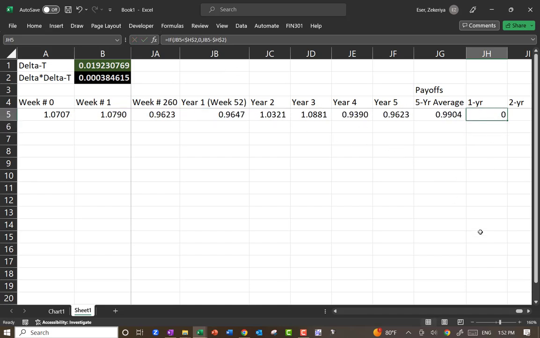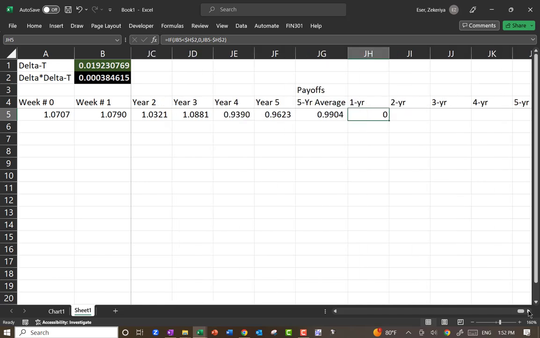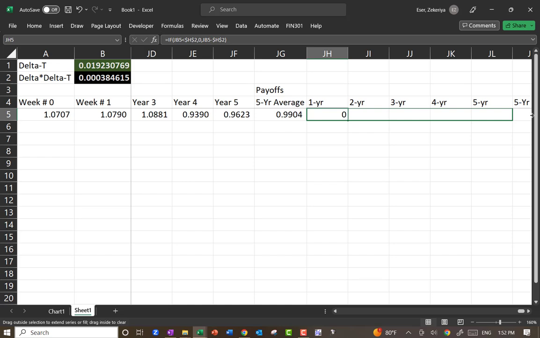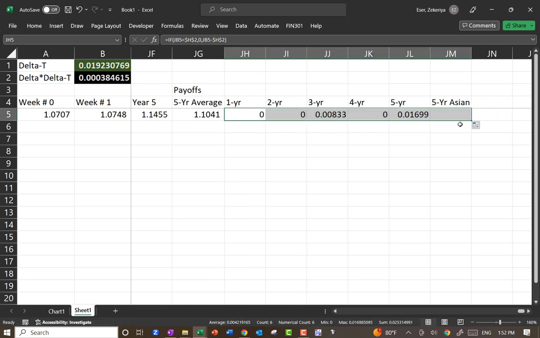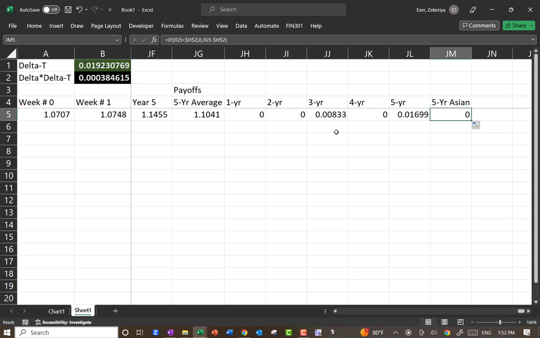So in this example, option ended up being worthless. Since I already have these, so in this specific realization, the 3-year European type option ended up in the money. So did 5-year, but the others ended up out of the money.